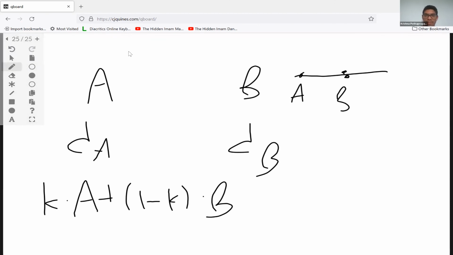So this would be K, this would be 1 minus K. So if we have 2 points A, B, then some fixed linear combination of them is what we want to bound the degree of.